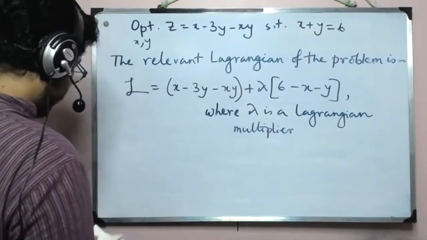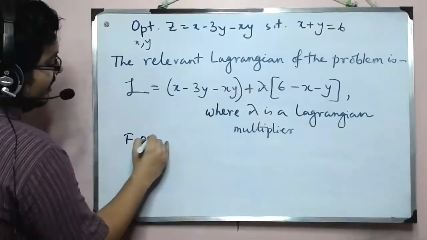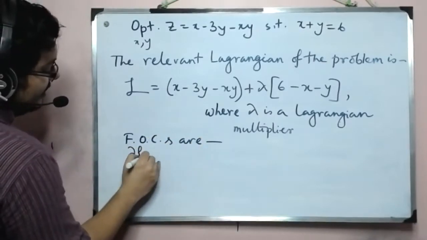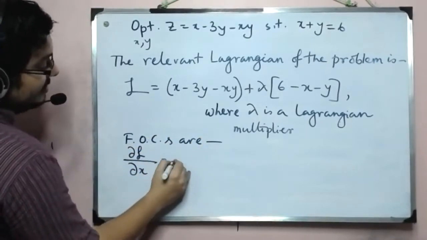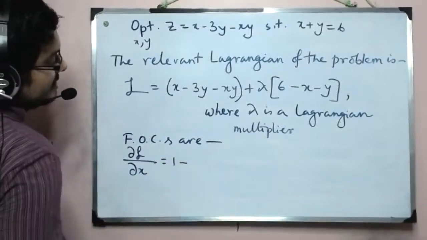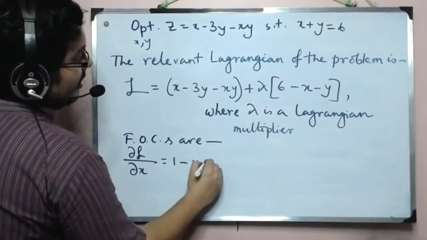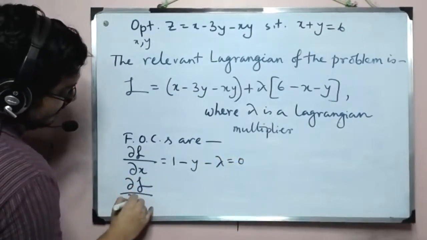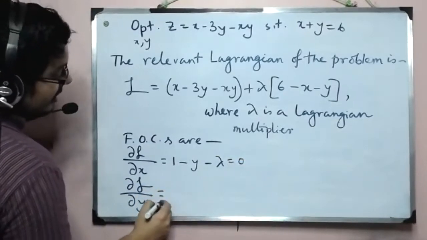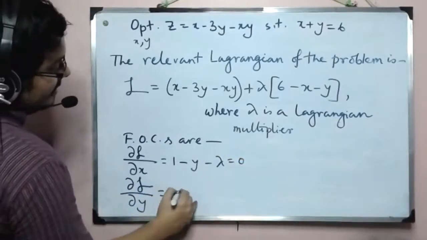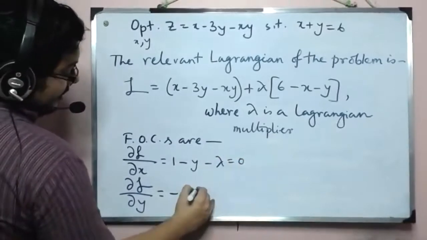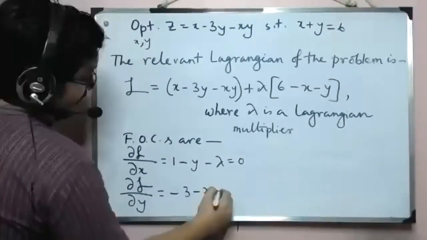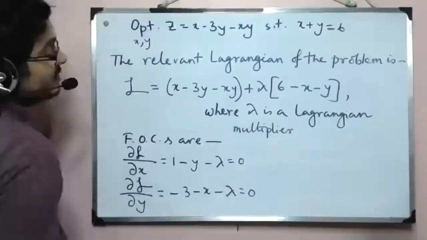Here the FOCs are, since there are three variables, three conditions. Del L del x gives 1 minus y minus lambda equal to 0. Then del L del y gives minus 3 minus x minus lambda equal to 0.